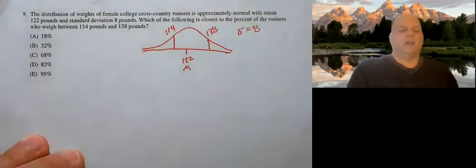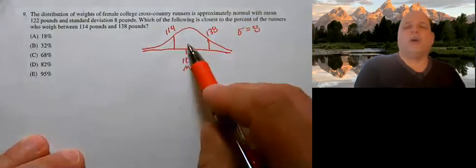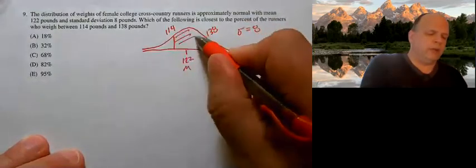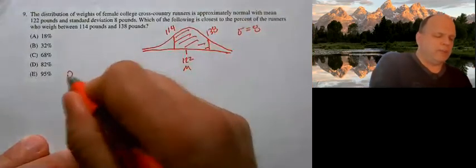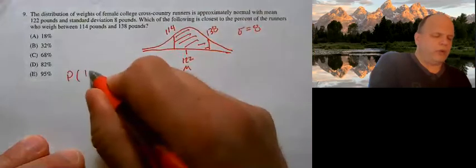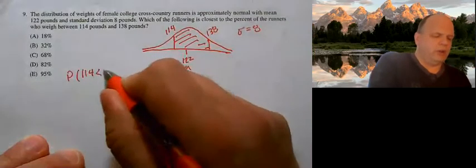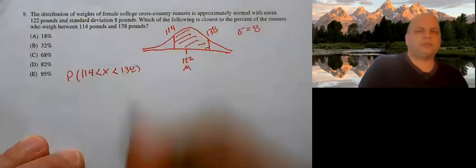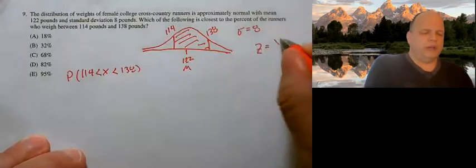All right. Now the calculator is going to do this for us in one step, but I'm going to show you how to do it if this had been an FRQ test. So we want the probability that 114 is less than X is less than 138. And of course, we're going to be using our Z formula, Z equals X minus mu over sigma.